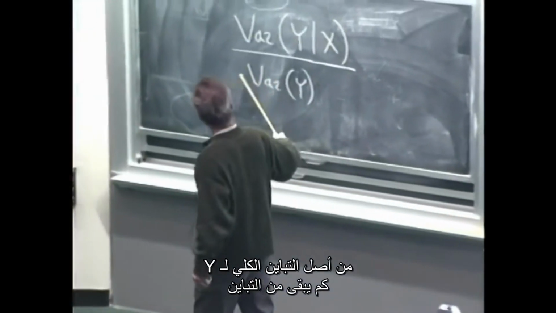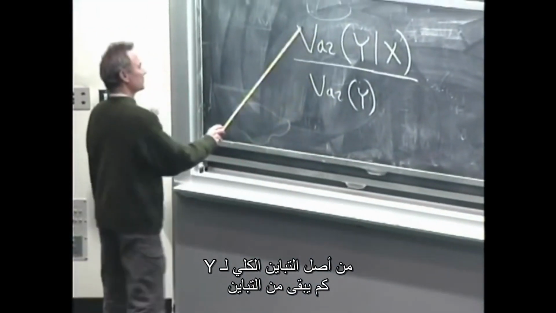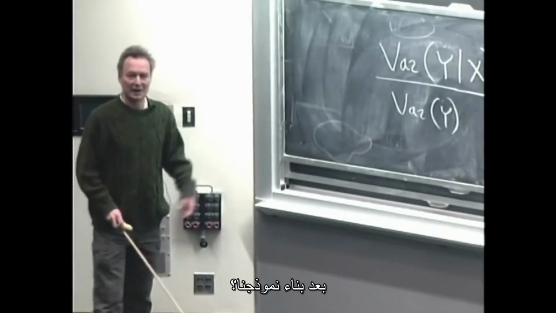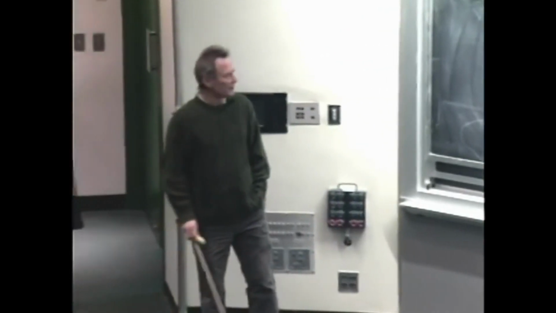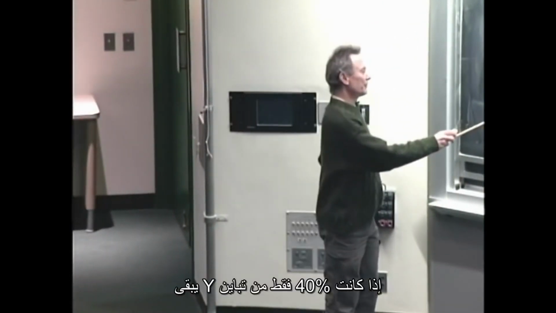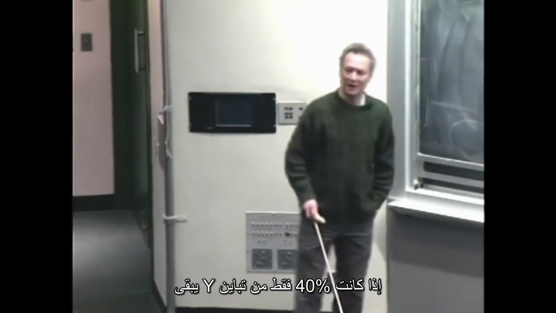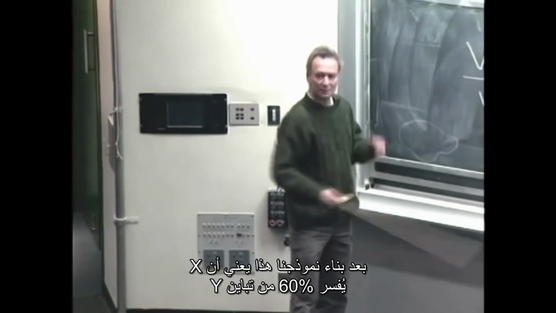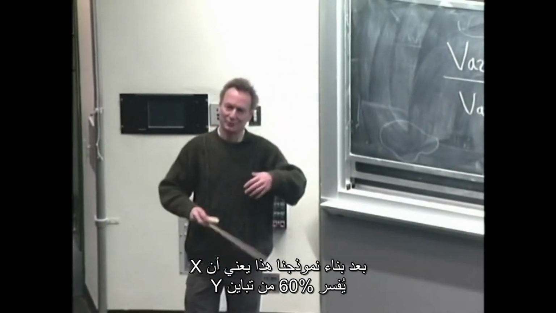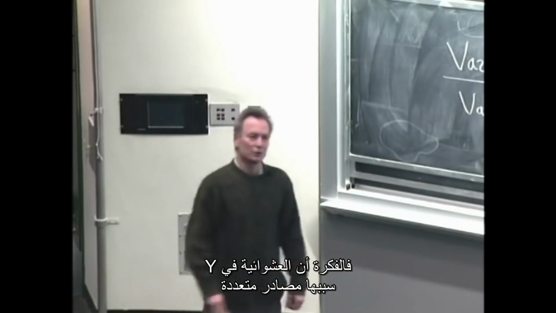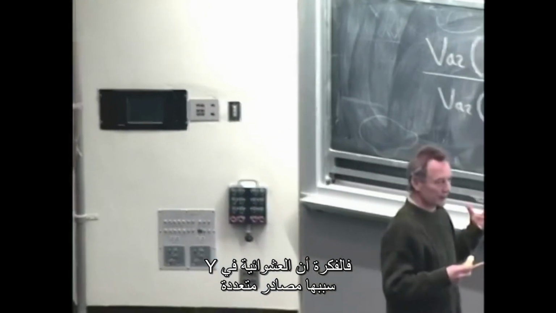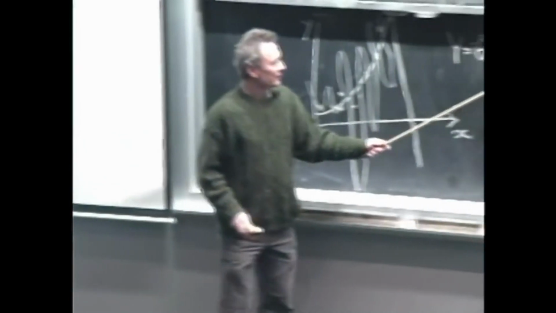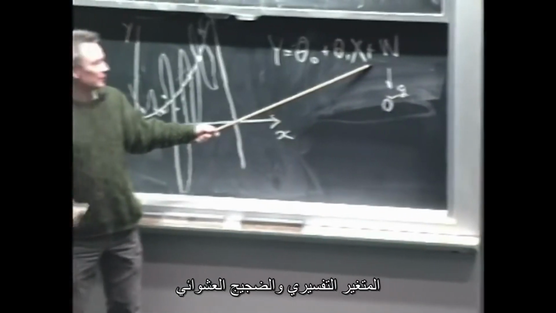Out of the total variance in y, how much variance is left after we build our model? So if only 40% of the variance of y is left after we build our model, that means that x explains 60% of the variation in y's. So the idea is that randomness in y is caused by multiple sources, our explanatory variable and random noise.